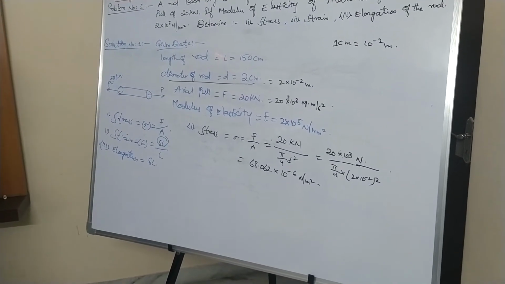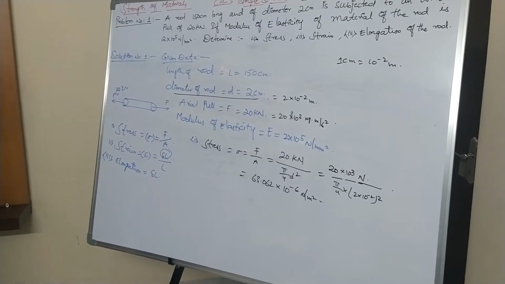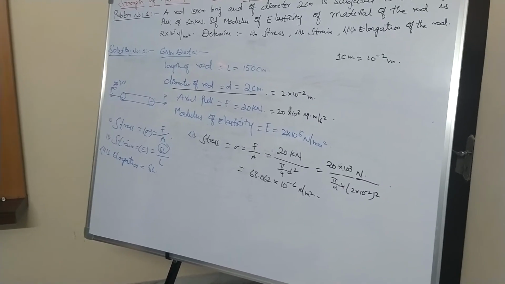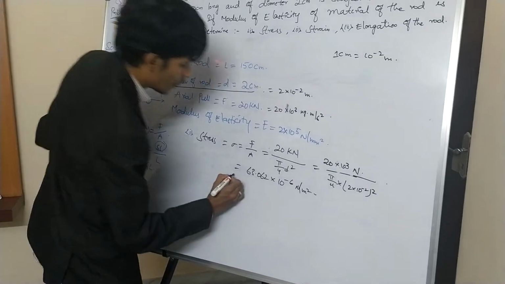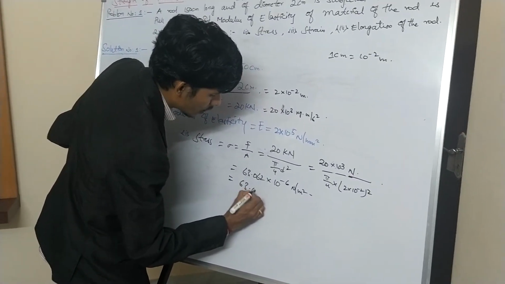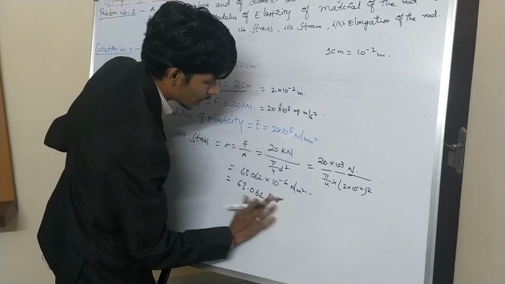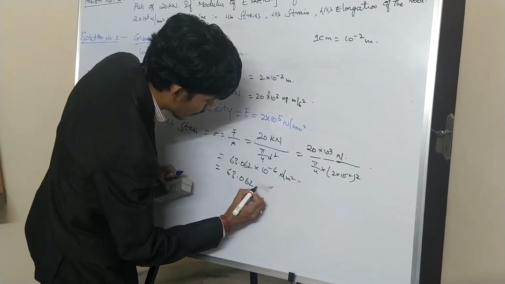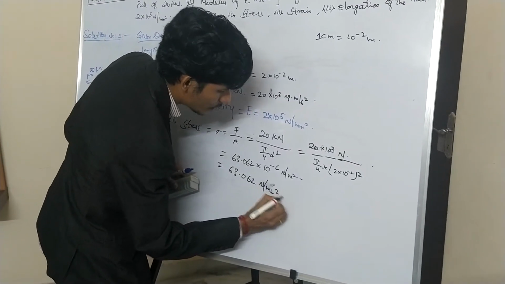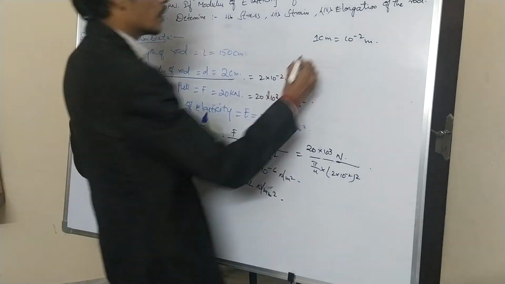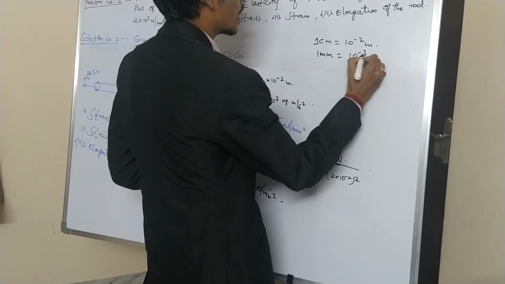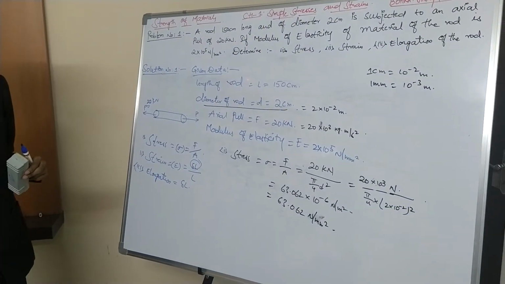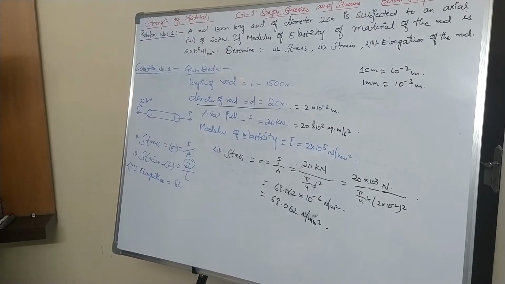So you can convert it and write this as 63.062 Newton per mm square. So generally 1 millimeter equals 10 to the power of minus 3 meter.